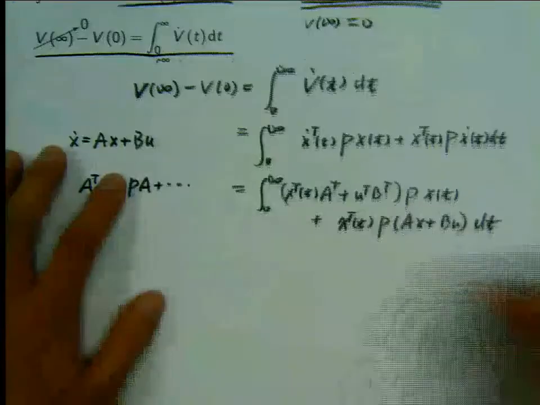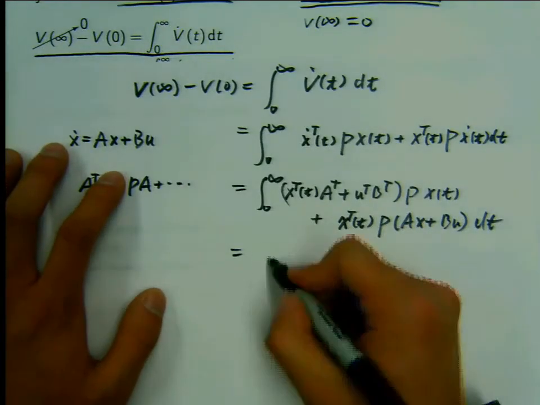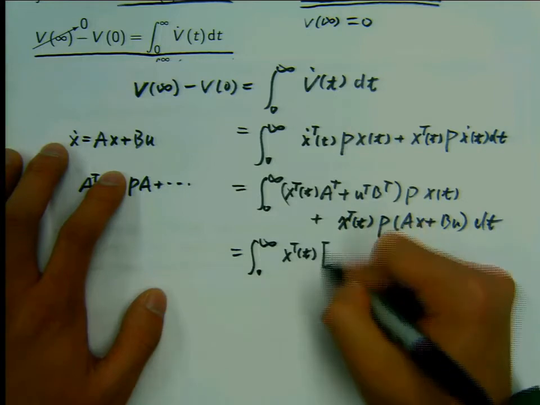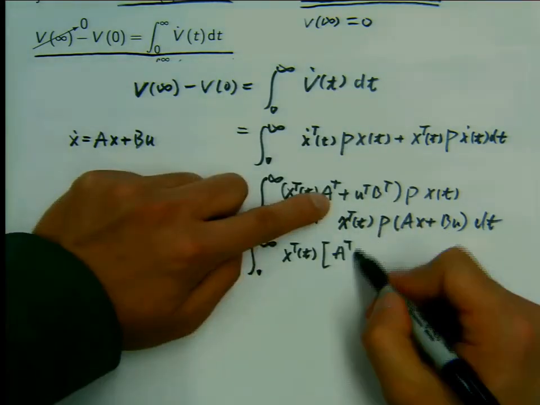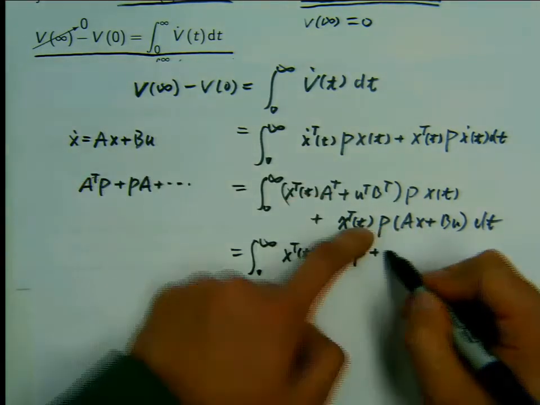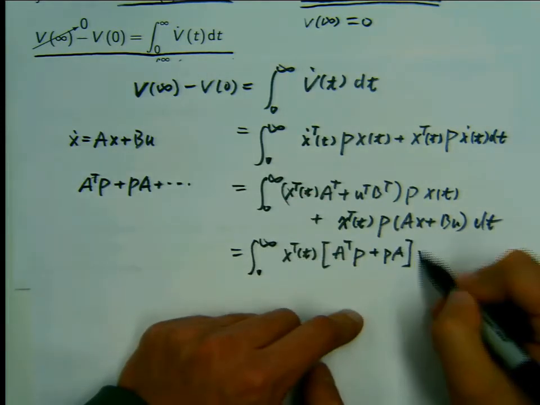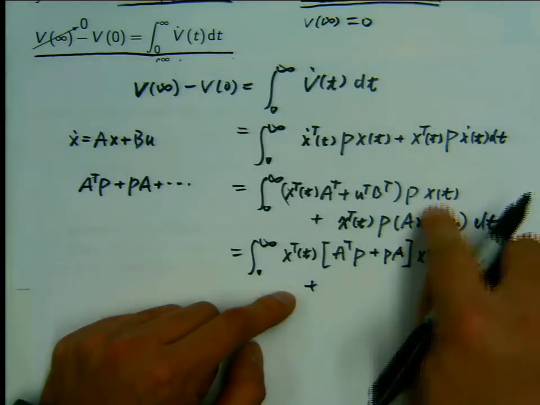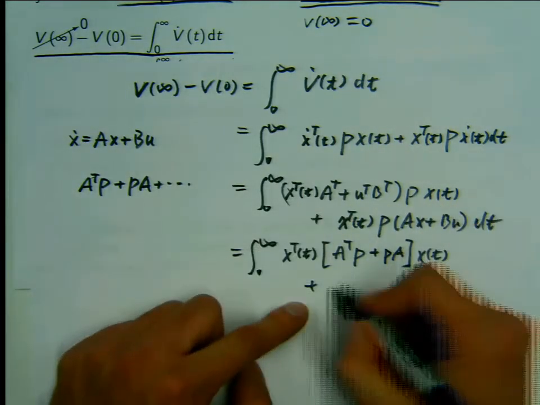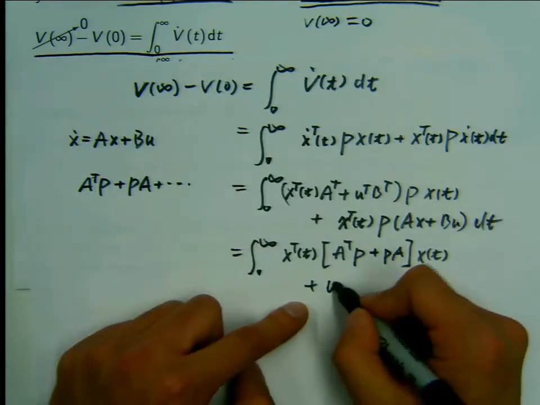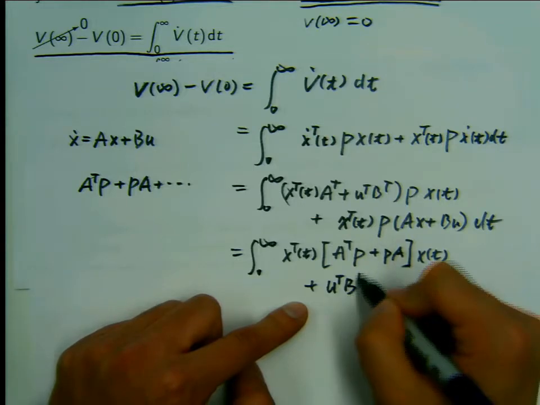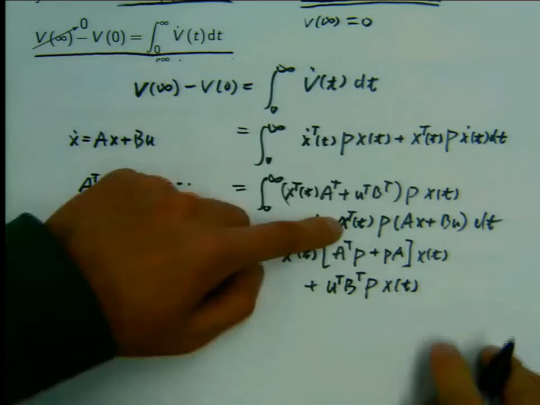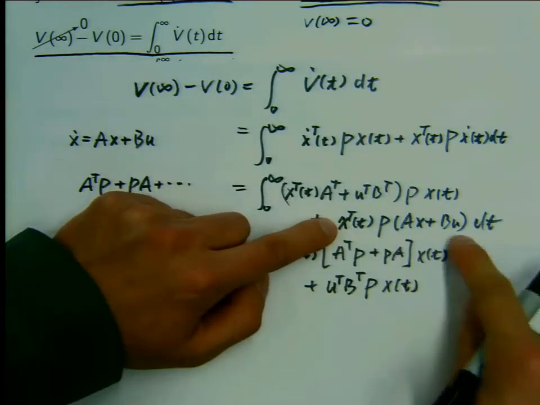Combine the terms, you're going to get x transpose t, A transpose times P plus P times A, x(t). And then the cross product term between x and u, I'm going to have u transpose B transpose P x(t) plus x transpose P times Bu, which is the same.